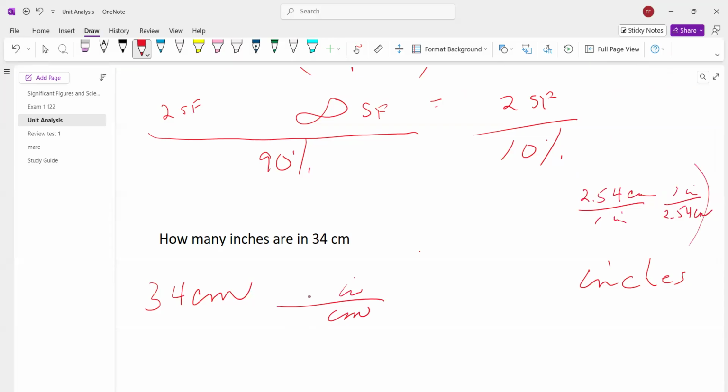So that means we're going to be using this guy here. Centimeters cancels. What are we left with? Inches. What are we trying to calculate? Inches. And sig fig wise, we're going to have 2 sig figs.